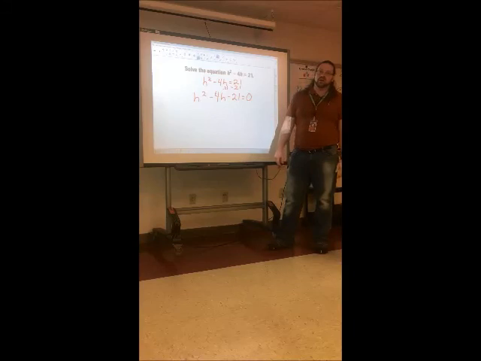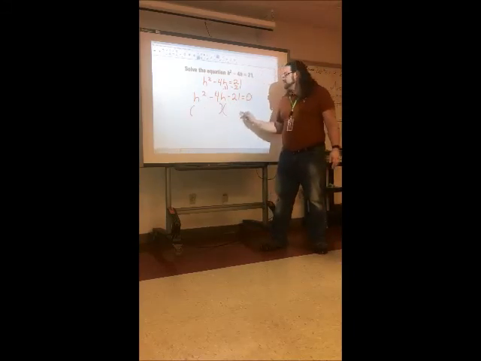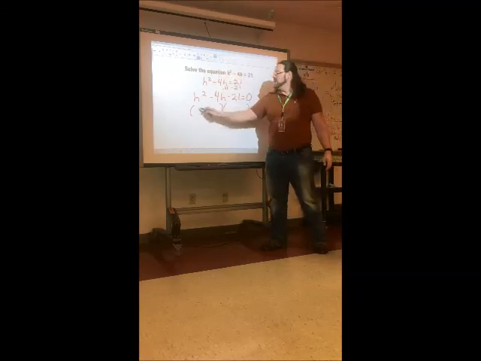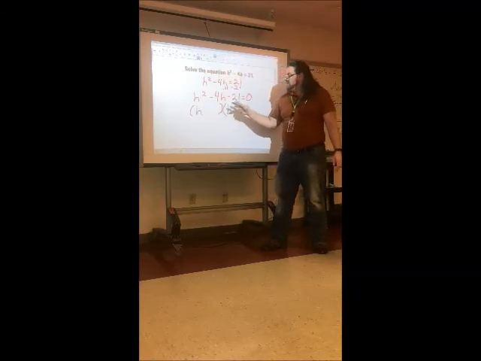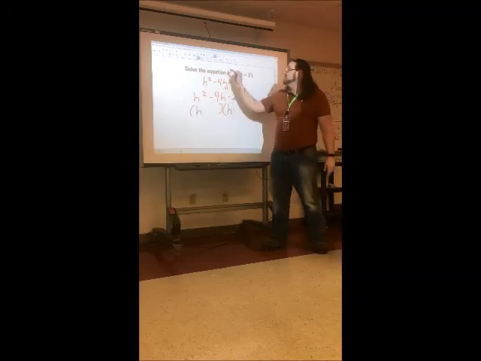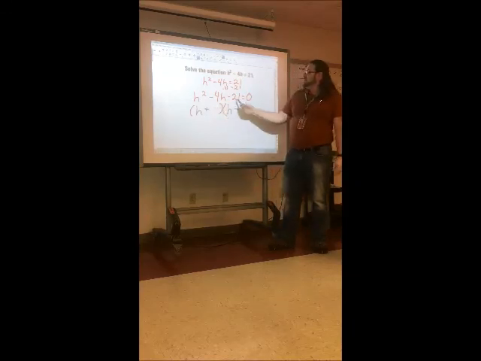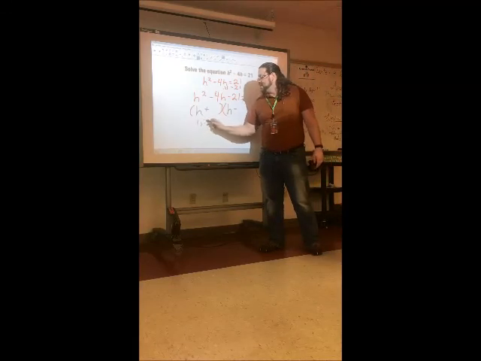Now I can go ahead and factor it out. So this just becomes, I have h and h. It's a negative in the back, so that means my signs are going to be different. So I got a plus and a minus. What are my factors of 21? Well, obviously 1 and 21, negative 1, positive 1, negative 21.